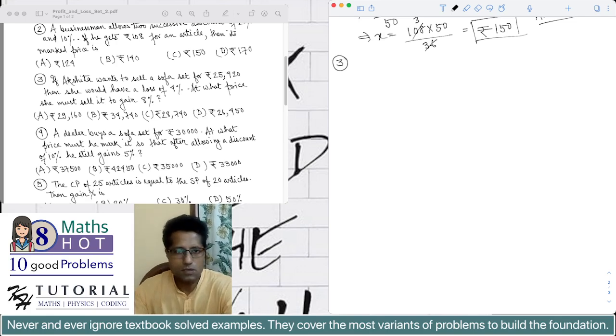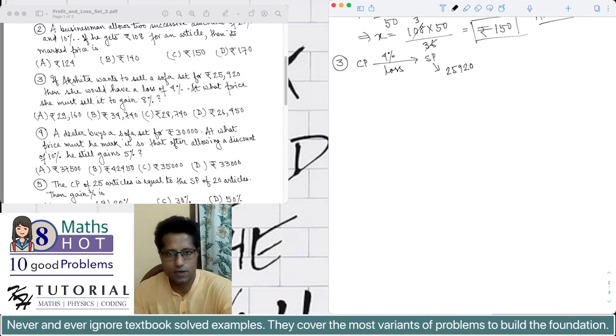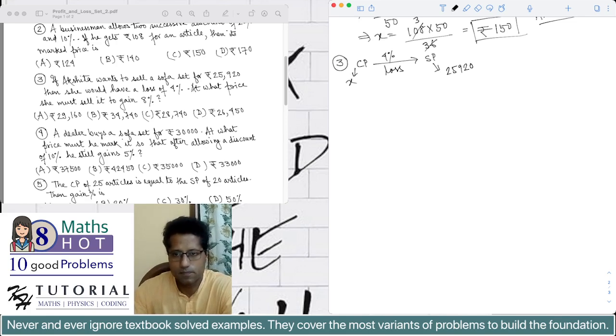Okay, so from the cost price, when there is a loss of 4%, we have the selling price to be 25,920. So when the selling price is 25,920, there is a loss of 4%, and let the cost price be X. From this information, we can easily find the cost price.